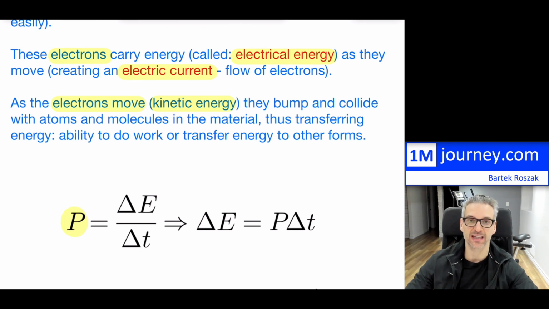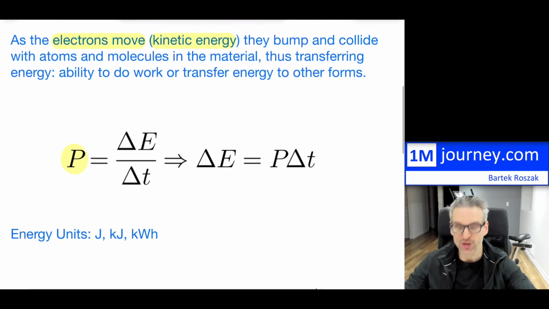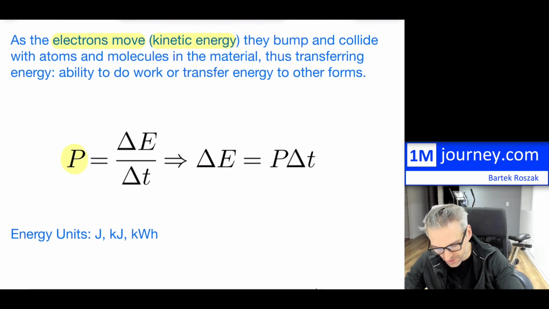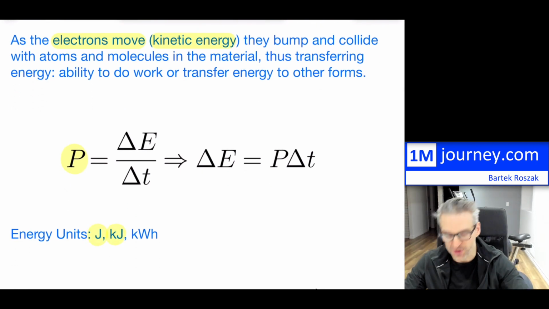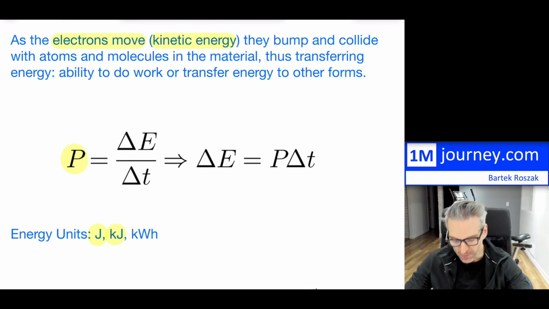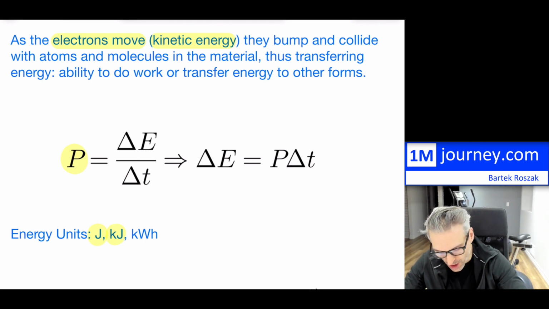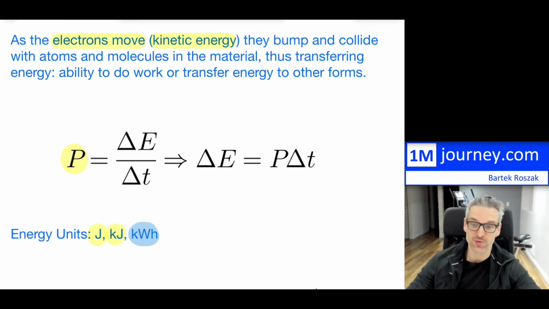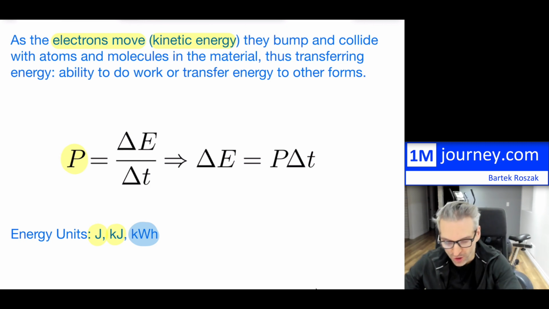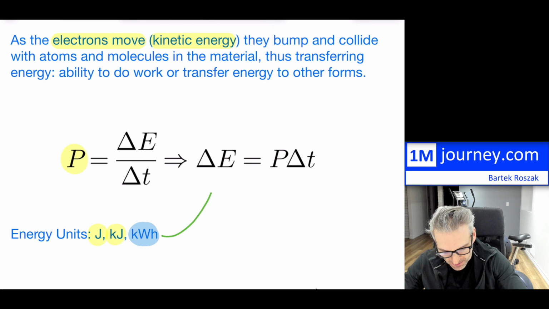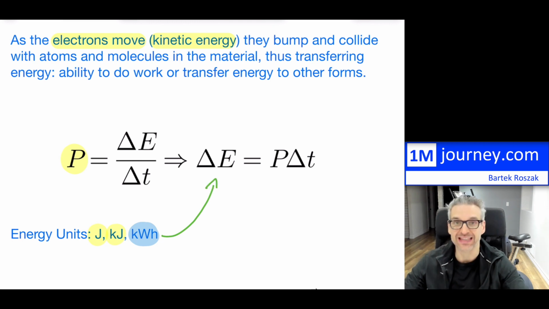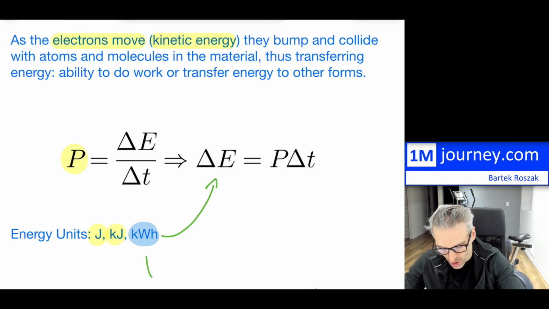Deja vu, in terms of the energy units, you were very often used to joules and kilojoules way back, but now we're going to start talking about kilowatt hours, because it's much more convenient, joules are too small, and that is a unit of energy. Now, very often people confuse this unit and they think it's power because they see watts.